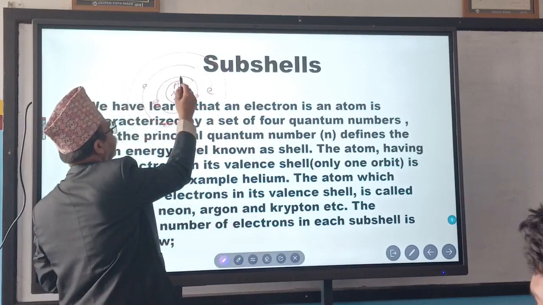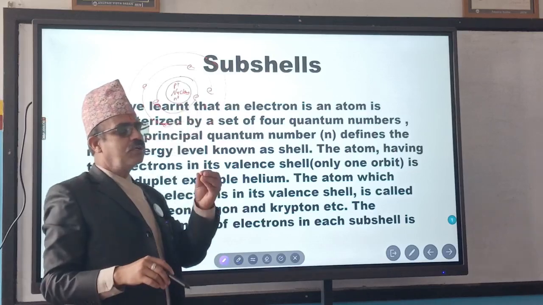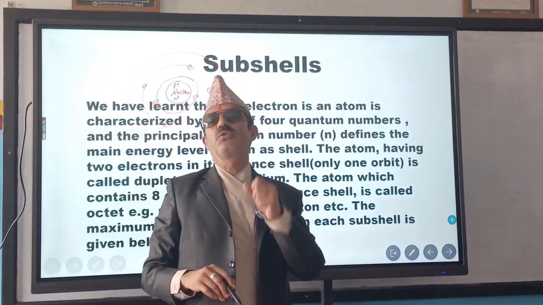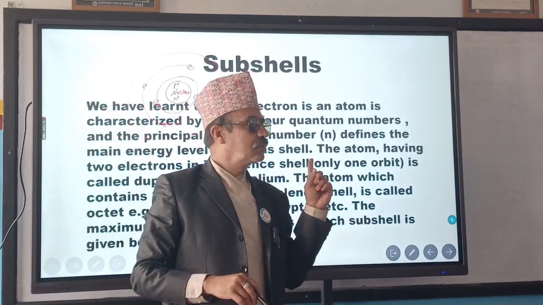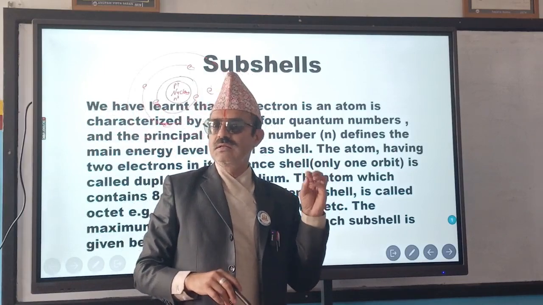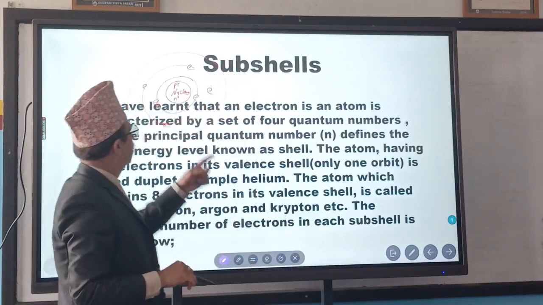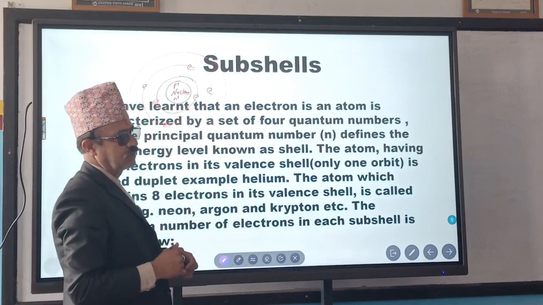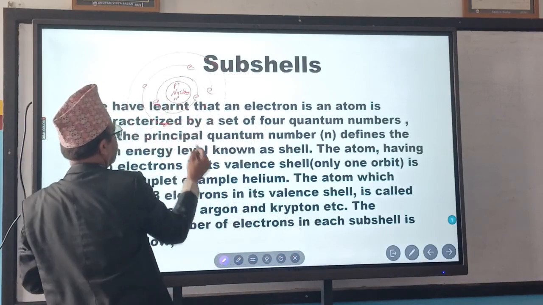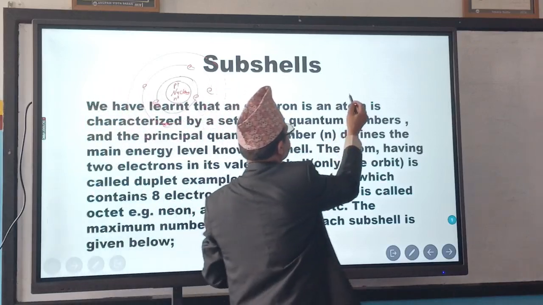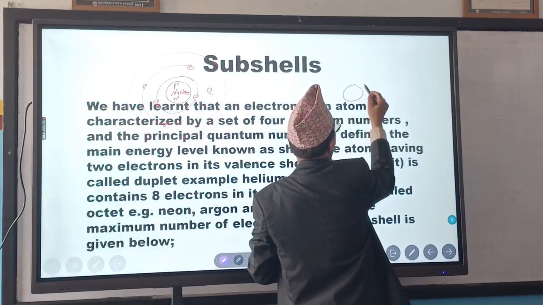But when the atoms were studied with the help of electron microscope or powerful microscope, which can show the structure of atom also, it showed that there were no round structures. In this also there were many more. Look here. This is nucleus.